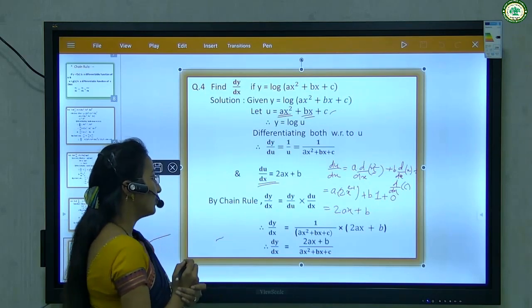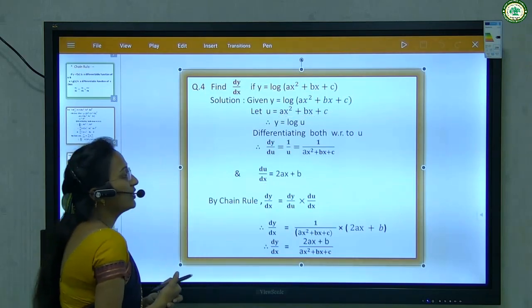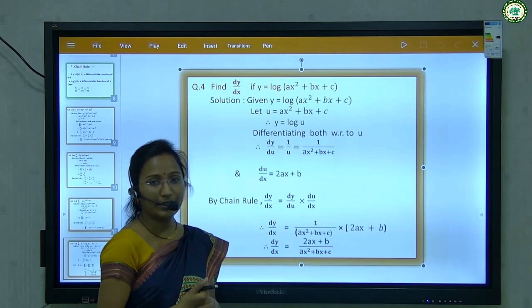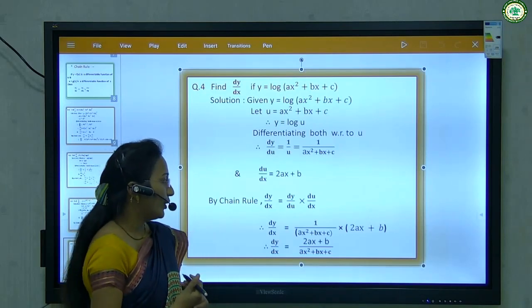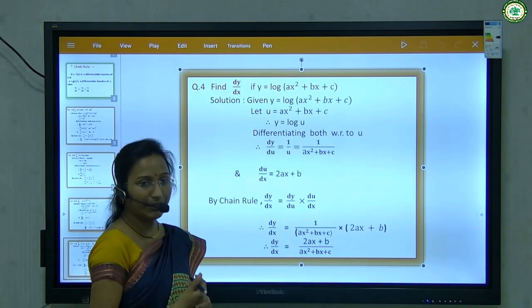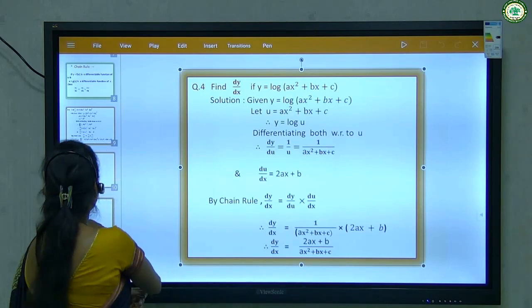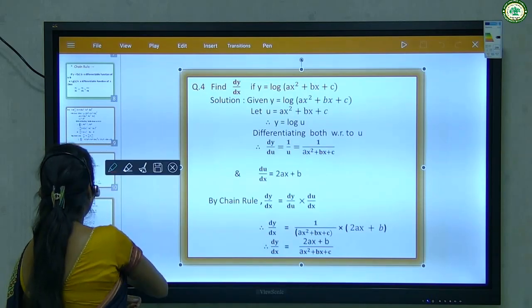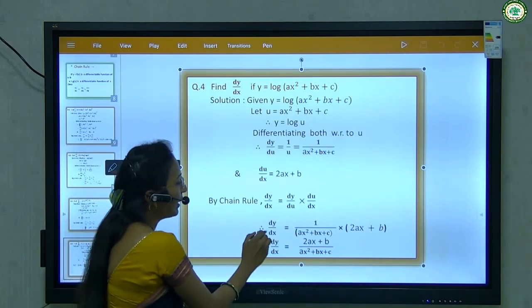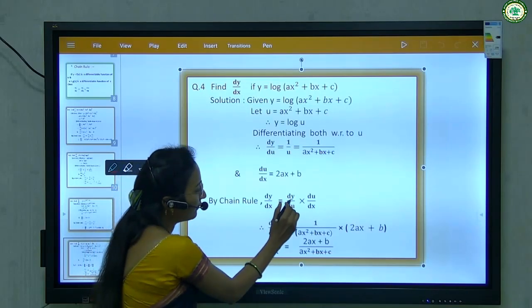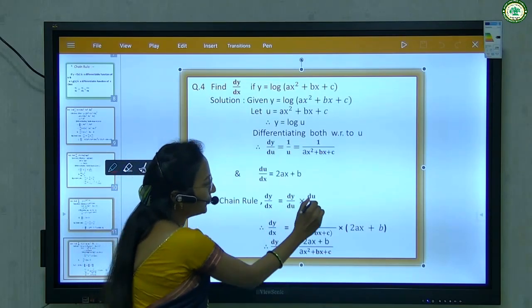Now apply the chain rule. The chain rule is dy upon dx is equal to dy upon du into du by dx. Therefore, dy upon dx is equal to, now here put the value of dy upon du into du by dx.